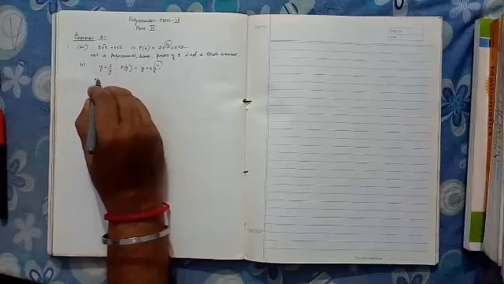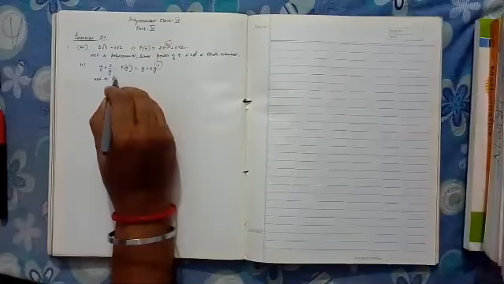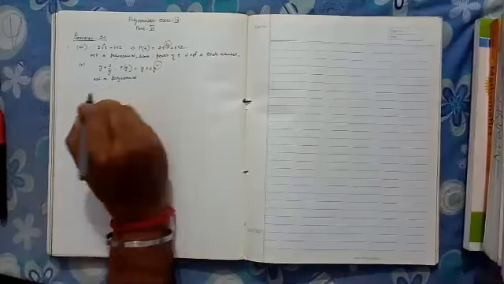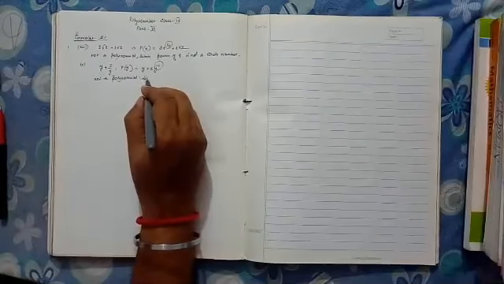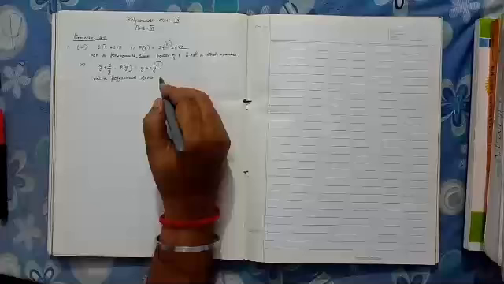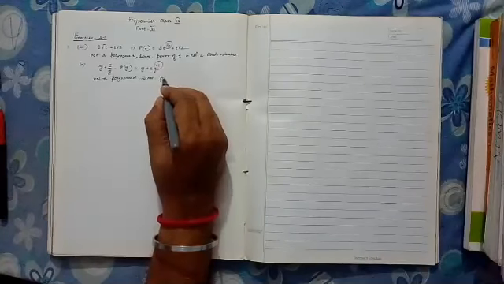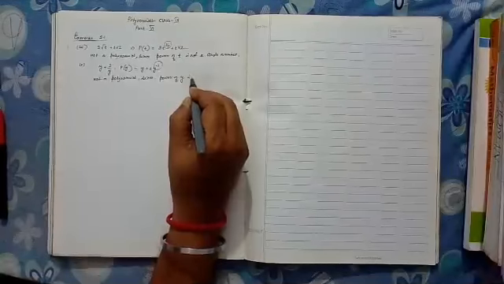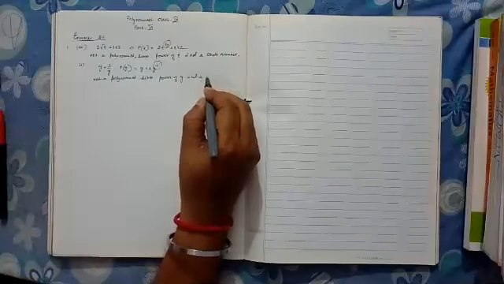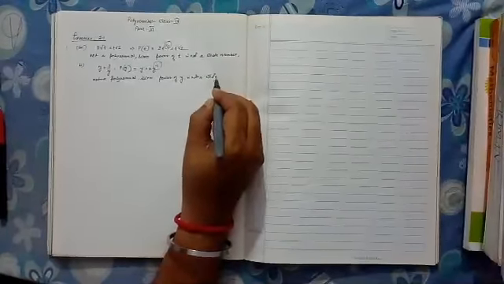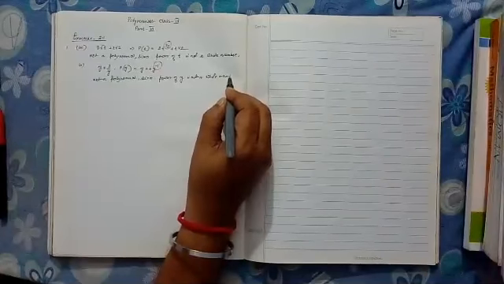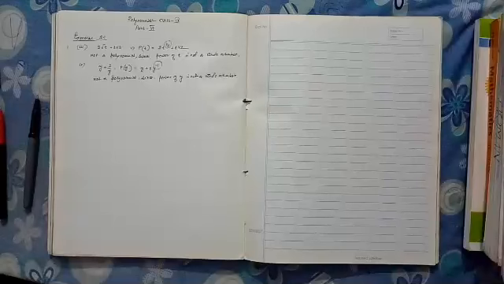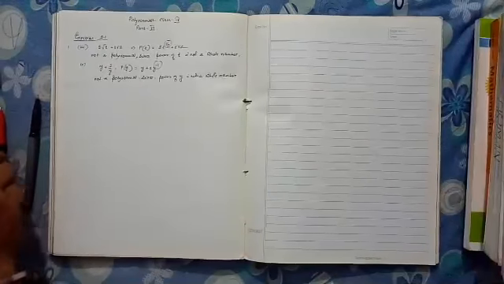Your answer, not a polynomial, since power of y is not a whole number. Why is this not a whole number? Because this is minus 1 and minus 1 is not a whole number, we know.